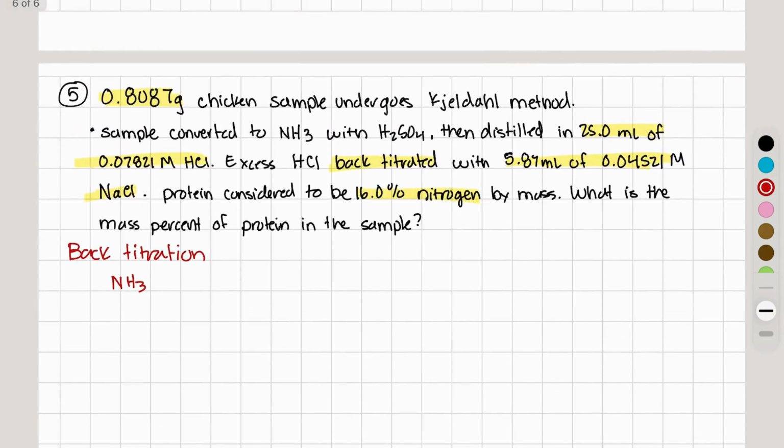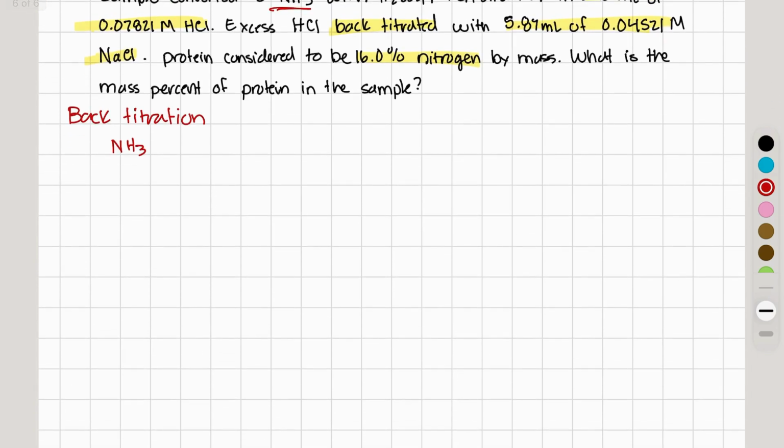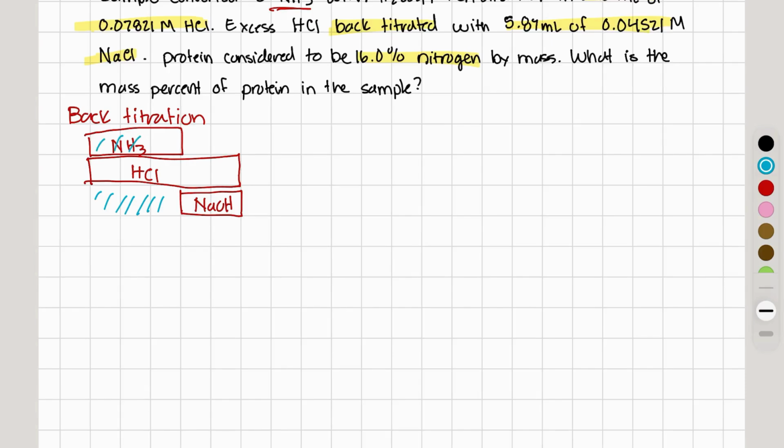That chicken sample is converted to NH3. We don't know this number. That's what we're trying to figure out. Then we add an excess amount of HCl. This is a known amount of HCl. And then we're going to titrate this excess amount with NaOH.